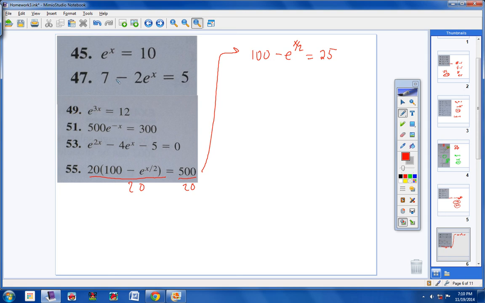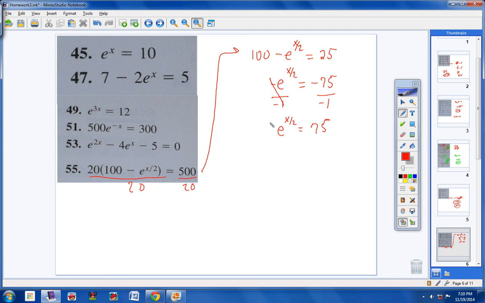Next, bring the 100 over, make it negative 100. So negative e to the x over 2 equals negative 75. Then divide both sides by negative 1 to get e all by itself. And now we're good.